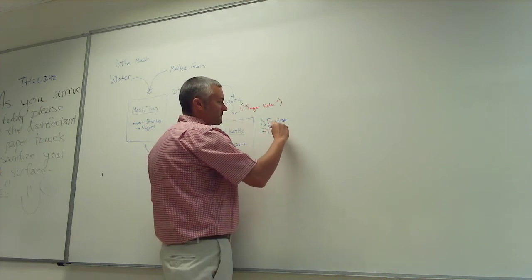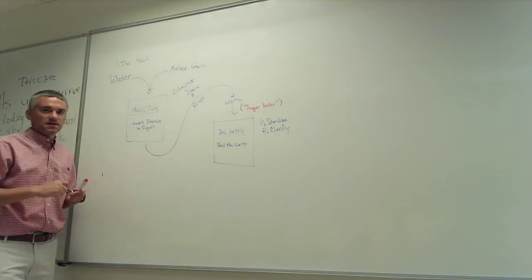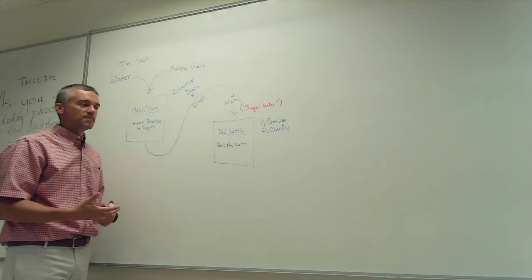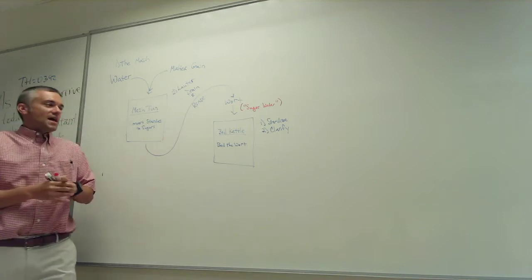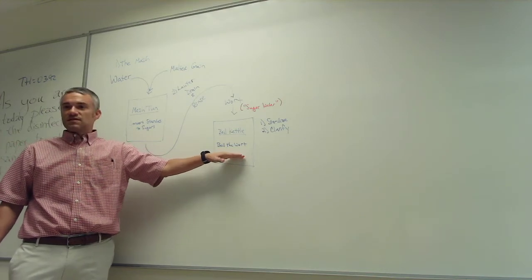Second is clarification, clarify. The process of boiling will cause some of the compounds in the wort that would produce a hazy beer to precipitate. They congregate together, form solids, and then we can separate them at this step.